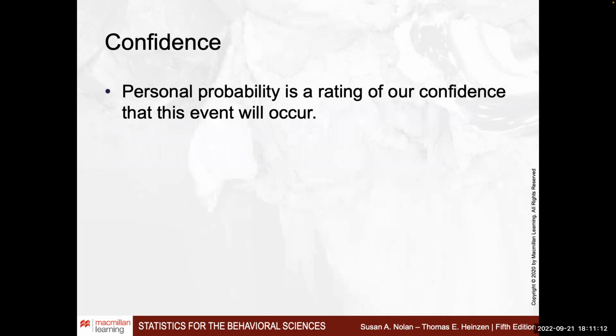The confidence is a personal probability in the probability of an event occurring or not. So we will talk about the confidence interval. The confidence interval and the margin of error is usually a 95% confidence interval.